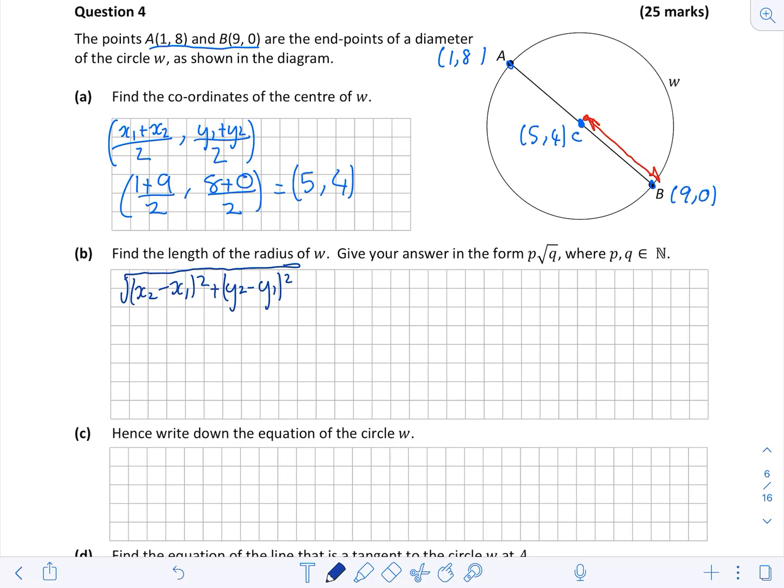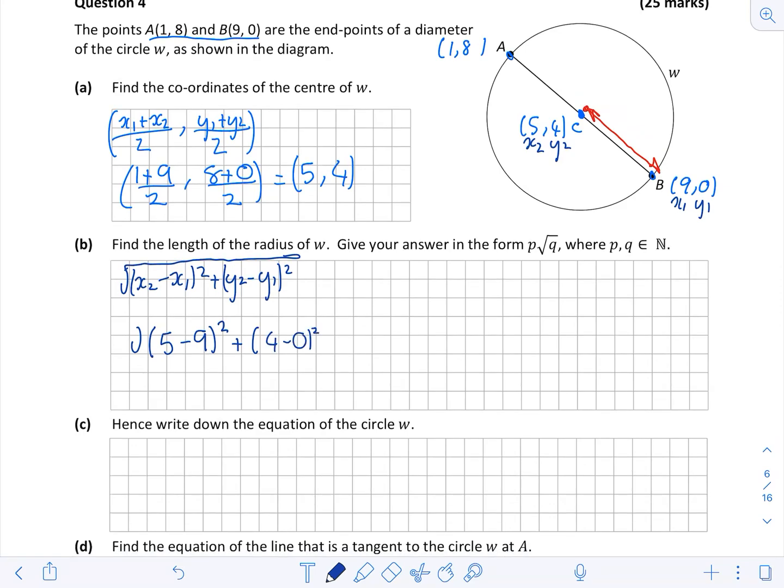So what do we do here? Let's label up a point. Let's call that x1, y1, x2, y2. So we then go square root of (5 minus 9) squared plus (4 minus 0) squared, which is equal to the square root of 32, is it? Better check that.